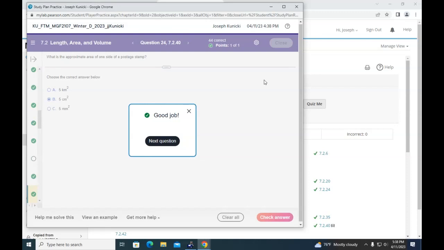So 2.5 millimeters is 1/10 of an inch. See, I'm going through the equivalences in my head. 1/10 of an inch is really small, really narrow, and there's no postage stamp that small. So it has to be centimeters again.